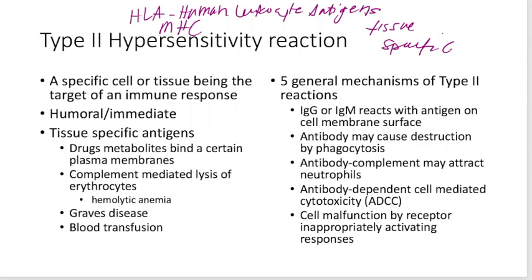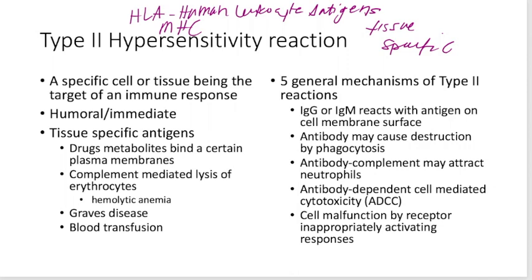These tissue-specific antigens are expressed on the plasma membranes of only certain cells in specific tissues, found on them and no other cells of the body. So these cells will then express that particular antigen. Other environmental antigens, such as drugs and their metabolites, may bind to the plasma membranes of specific cells and tissues and then target that reaction.